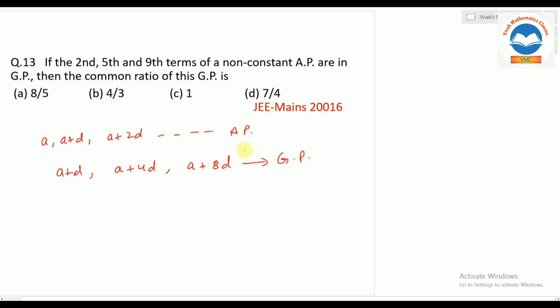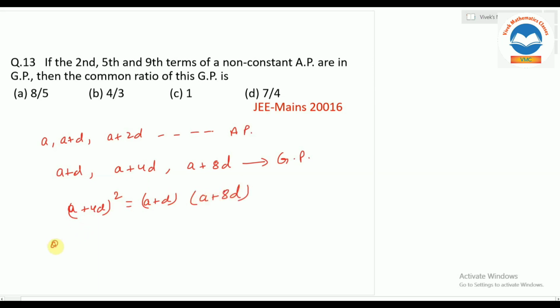So we can apply GP rule, and they are asking common ratio. So what will be the GP rule? The square of middle term will be equal to product of other two. So you will get A plus 4D the whole square will be equal to A plus D into A plus 8D.